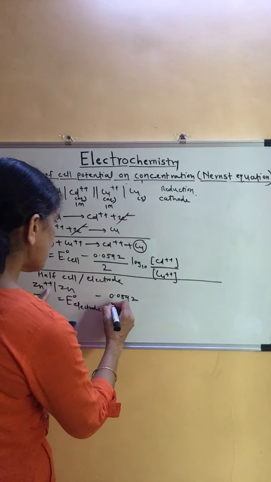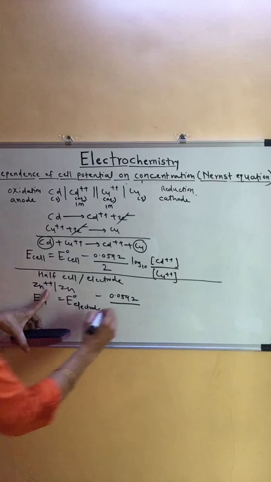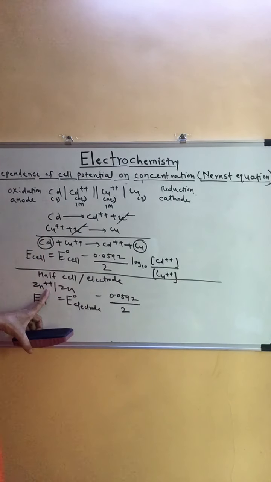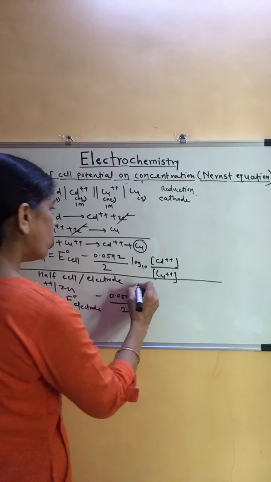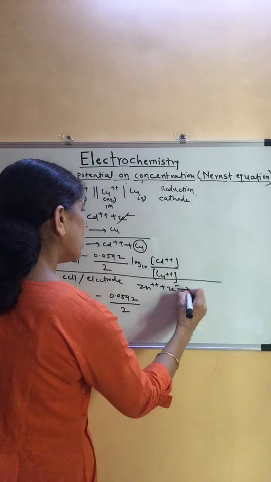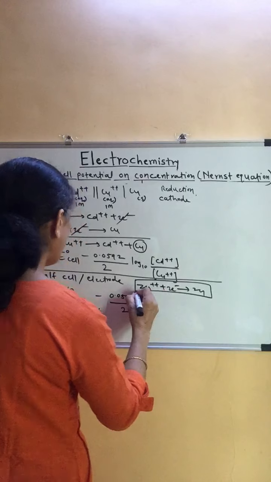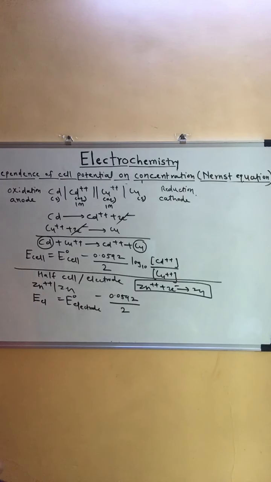So Zn2+ is converted into Zn. So 2 electrons are accepted. So upon 2. Now which is the reaction which is taking place over here? Zn2+ is converted into Zn. So Zn2+ plus 2e- giving Zn. As Zn2+ is converted into Zn, this is a reduction reaction.